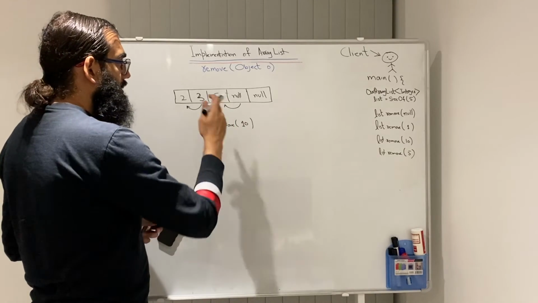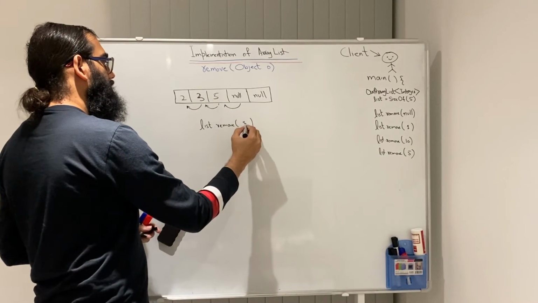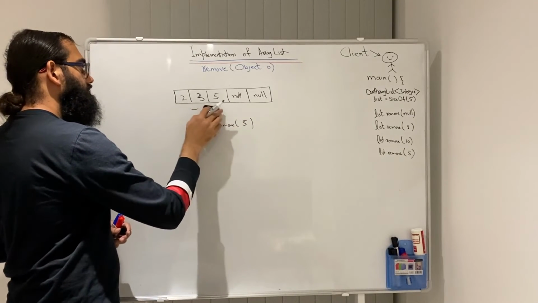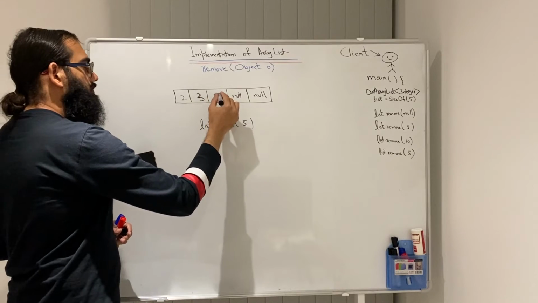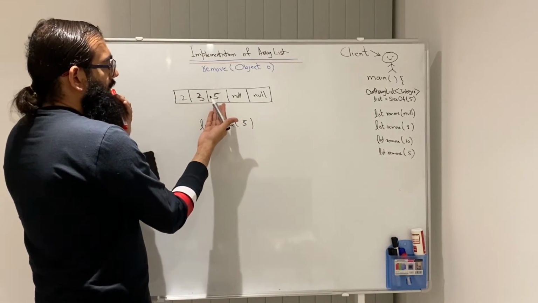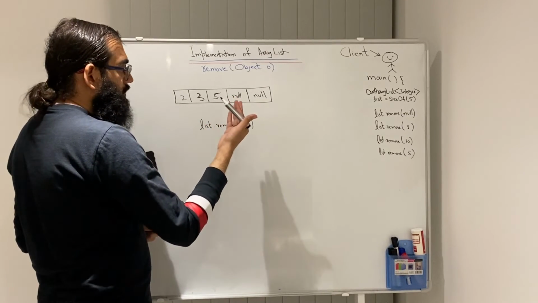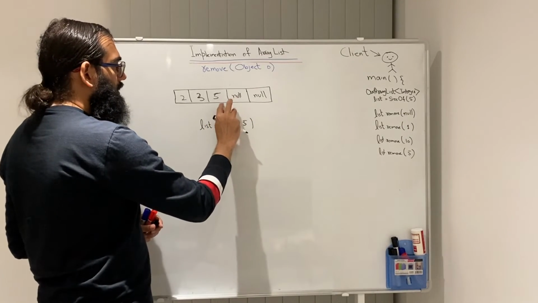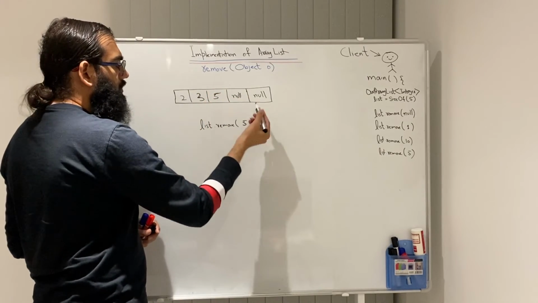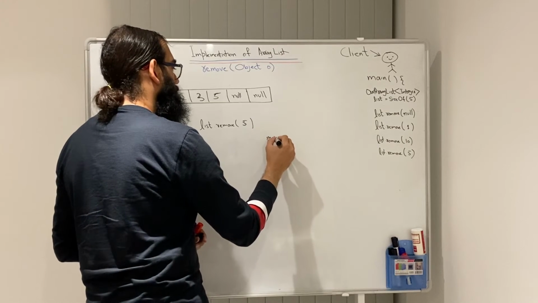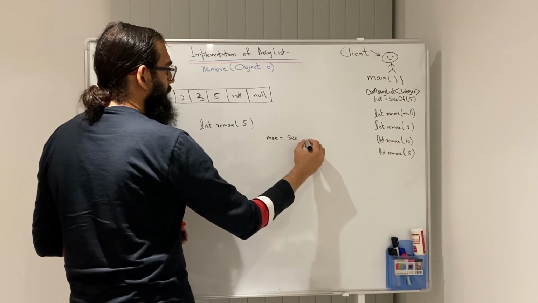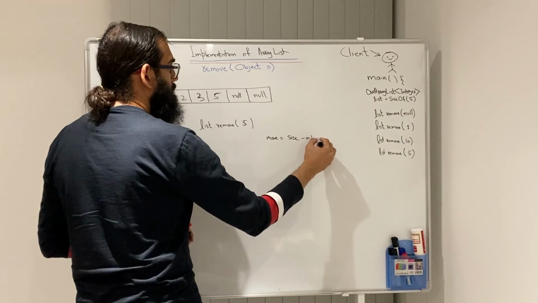Then if I say something in between, like 5, what will happen? First it needs to scan until half of the loop, and then after that it will go inside System.arraycopy, and it will move only one, or maybe there will be none, okay, we will see. So move is equal to size, currently our size is 3, minus index, minus 1.